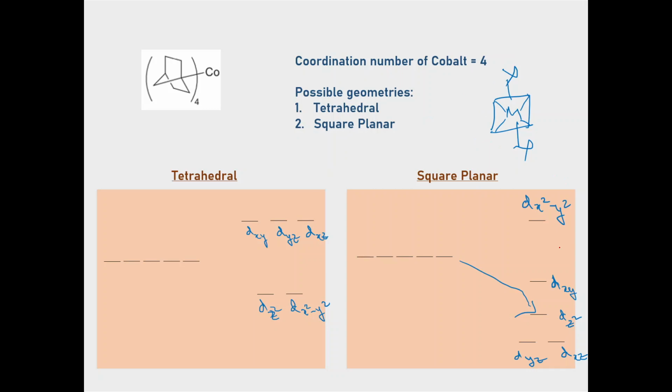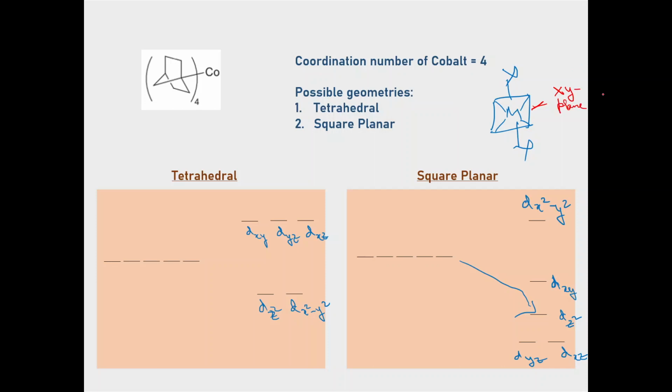So first of all, we can understand one thing that for getting a square planar complex, our compound should be planar, right? Square planar means there will be no ligand present on the z-axis. If we consider this as the z-axis, all the ligands are present in the xy plane, right?